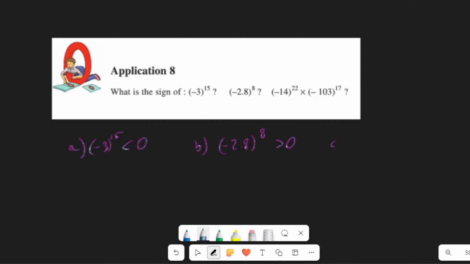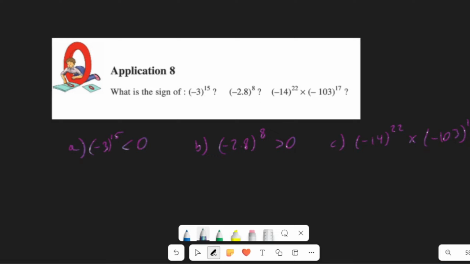Finally, let's look at C, where we have negative 14 to the power of 22 multiplied by negative 103 to the power of 17. Let's look at each one alone. For the first one, we have negative 14, so it's less than 0, and the exponent is an even number.